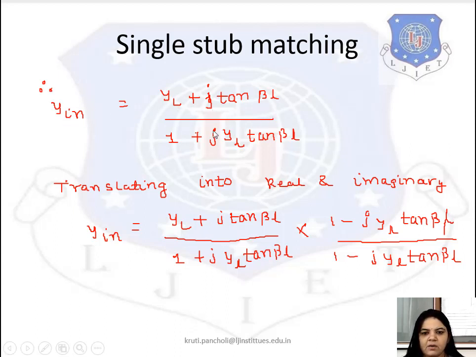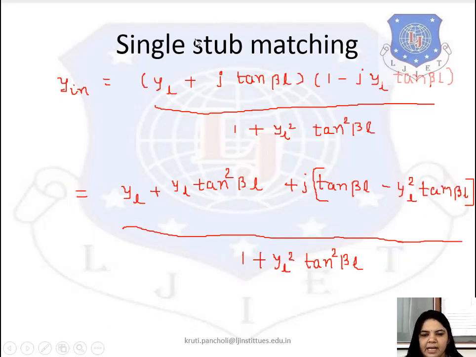Now multiplying and dividing by the conjugate, (YL + j tan βL) / (1 + j YL tan βL) times (1 − j YL tan βL) / (1 − j YL tan βL). Multiplying the numerator and denominator, it is (a + b)(a − b) = a² − b², so we get 1 + YL² tan² βL in the denominator.